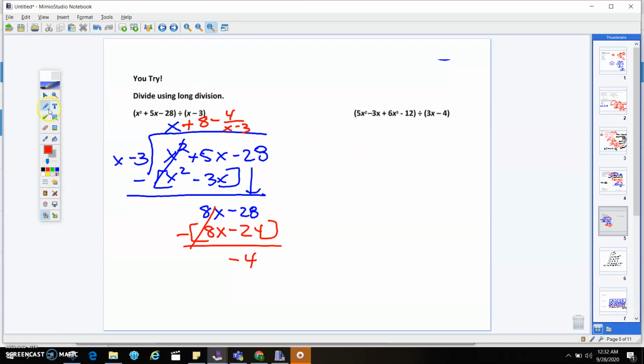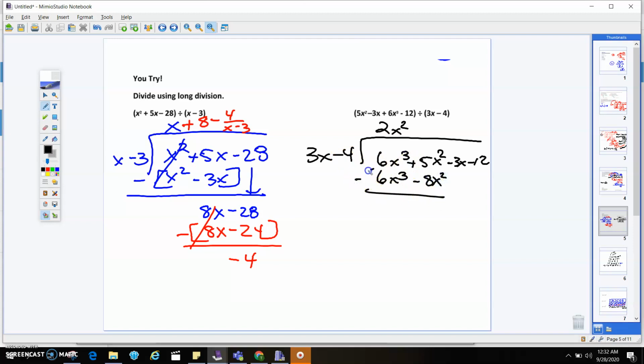On this one over here, you got to make sure that you're in standard form. So this is going to be 6x cubed plus 5x squared minus 3x minus 12 underneath the division line. And then I'm going to ask myself, what times 3x will give me 6x cubed? 2x squared will make that happen. Okay, and then I'm going to multiply by this.